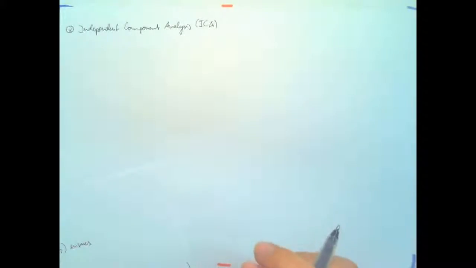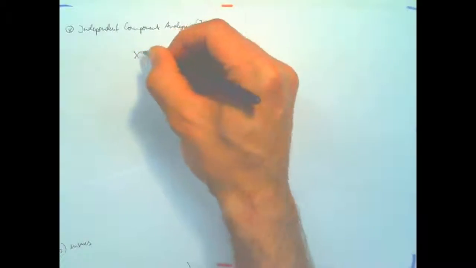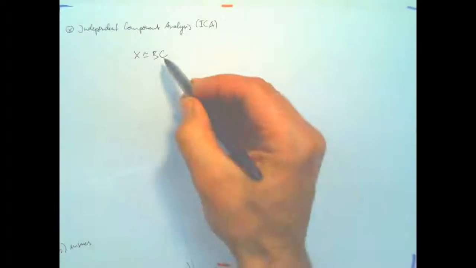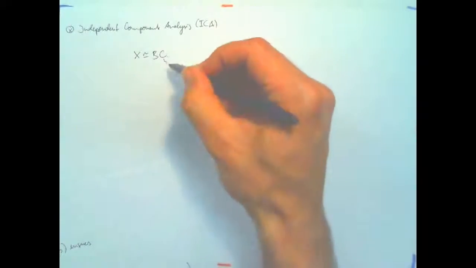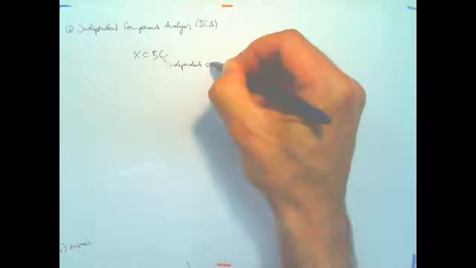And what it does is that it tries to explain your original data in terms of independent signals and the so-called mixing matrix.